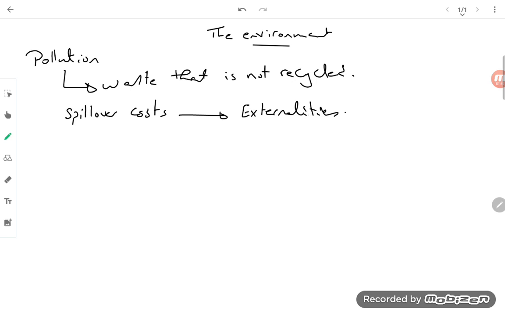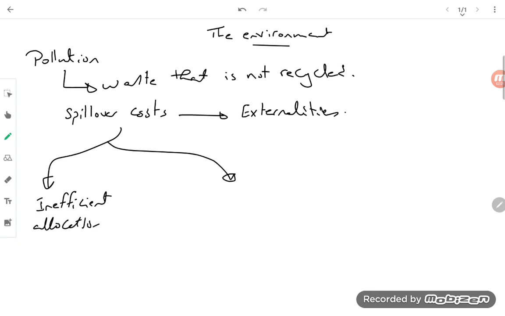Spillover costs or negative externality results in inefficient allocation of resources and inequity.